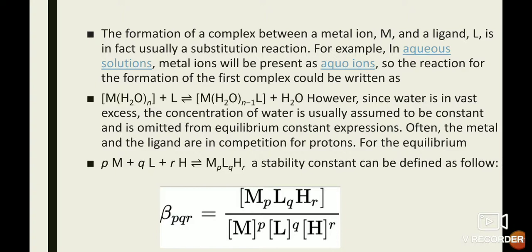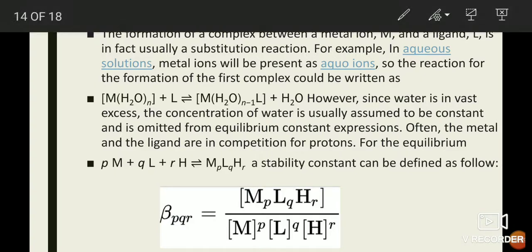So the reaction for the formation of the first complex could be written as the metal aqua complex plus ligand gives the complex M(H2O)n-1 L. One aqua ligand, or water molecule, is substituted by the ligand, so it is also called a substitution reaction. Since water is in vast excess, its concentration is usually assumed to be constant and is omitted from the equilibrium constant expression.